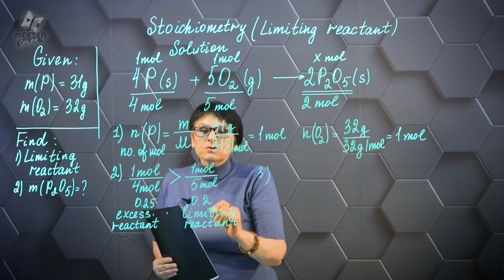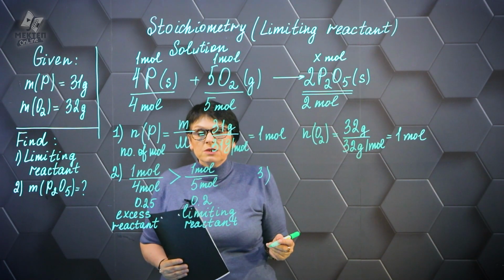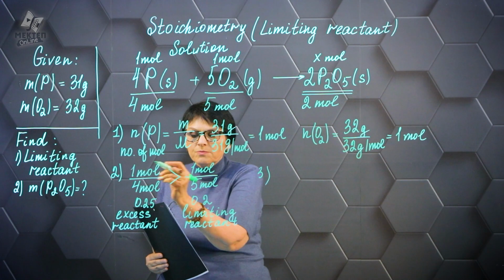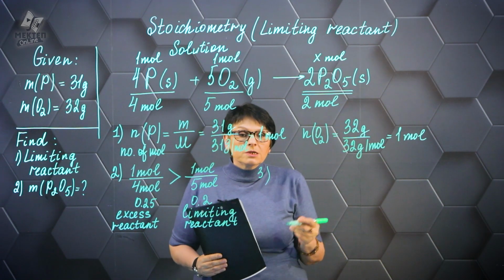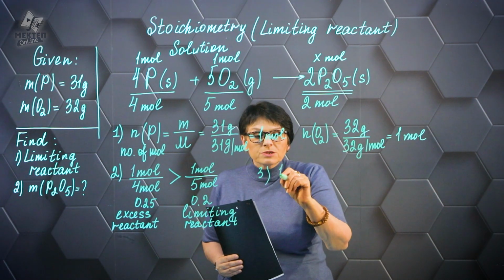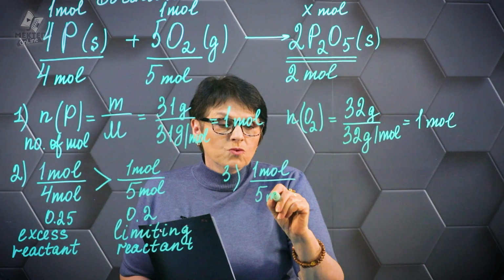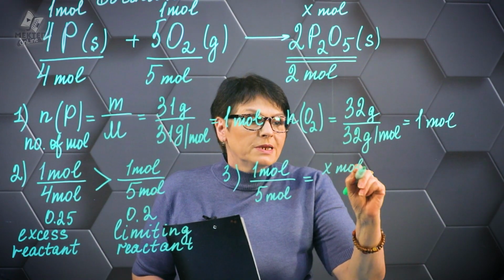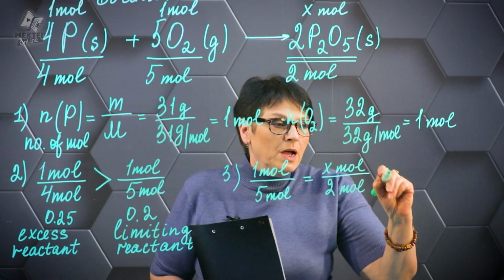Naturally, on that which is taken in the smallest quantity, because there is no more oxygen, and consequently a greater quantity of phosphorus will not be able to react, since it is in excess. Then we get the proportion: 1 mole of oxygen relates to 5 moles, as x mole of P2O5 relates to 2 moles. Hence, x is 0.4 moles.